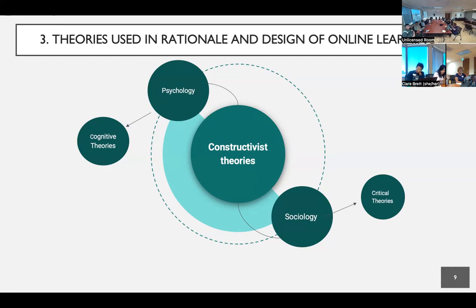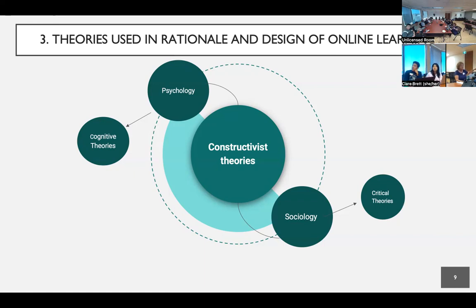So constructivist theories bring in some of the in-the-head stuff with a connection to the world, so what happens outside the head. And so it touches both psychology and a little bit of sociology.